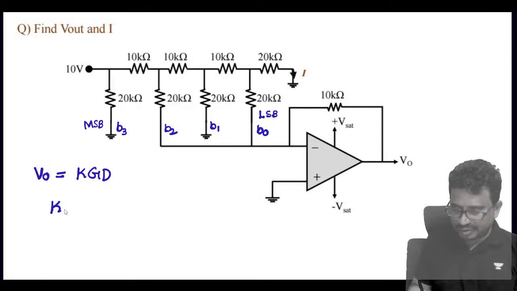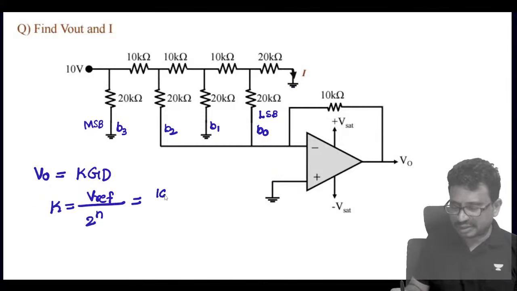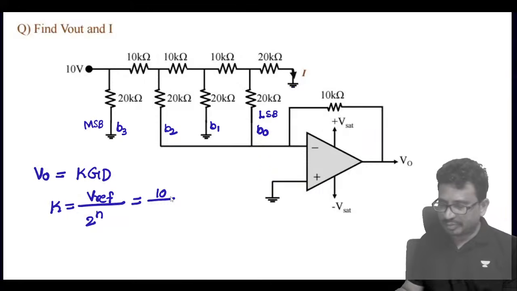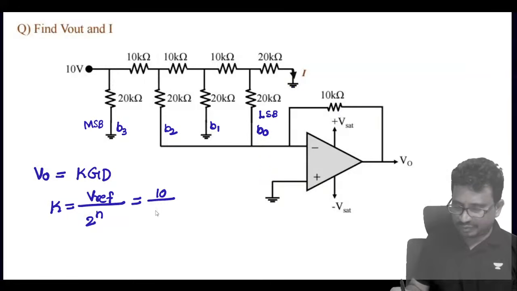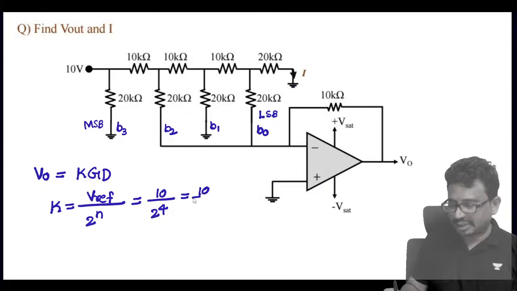K value is V reference by 2 power n. V reference is 10, so 10 by 2 power n. How many bits? 4 bits, so 2 power 4, which is 10 by 16.